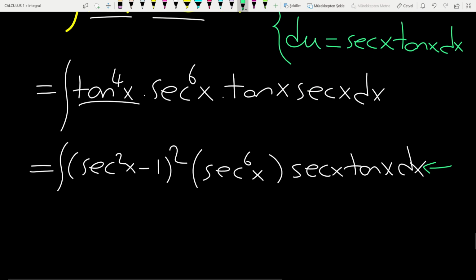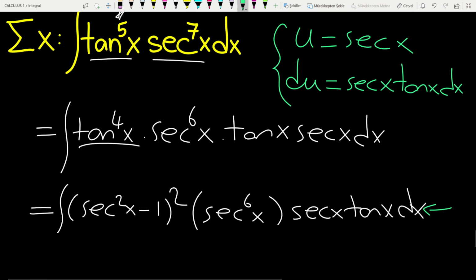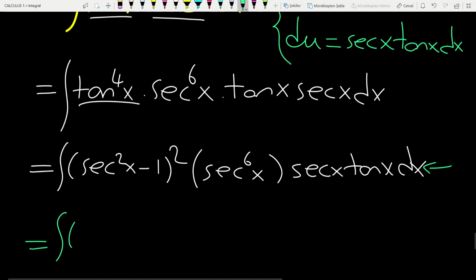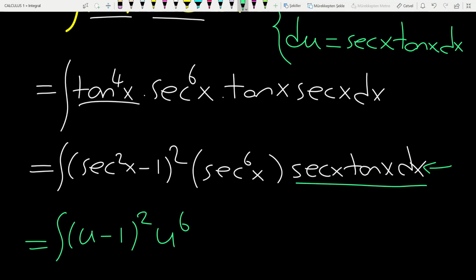The problem becomes u squared minus 1, squared, times u to the power 6, du. Finally, if you substitute this expression, you can easily find the antiderivative of this function.